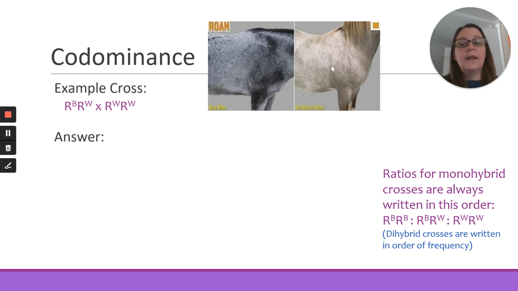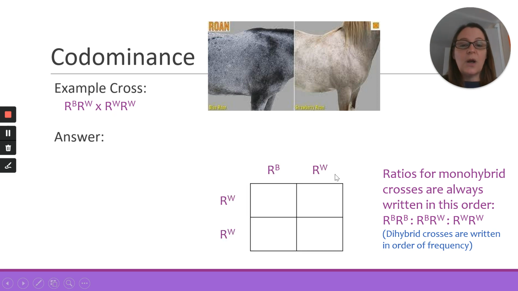So let's take a look at an example cross where we have something different. So we've got the roan horse with black hair and white hair. So this would be a roan, a blue roan. And we're going to mix our blue roan horse with a white horse.